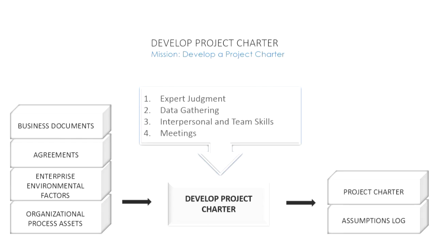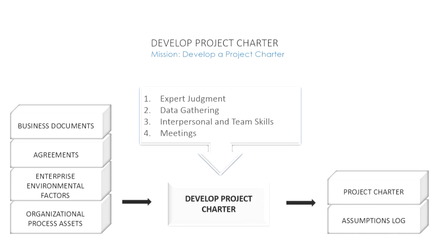The other big output from here is called an assumptions log. What is an assumption? Anything that is considered to be true on the project without proof. But you also need to make sure that you document these assumptions, because you'll need these assumptions further on in the project. Okay?